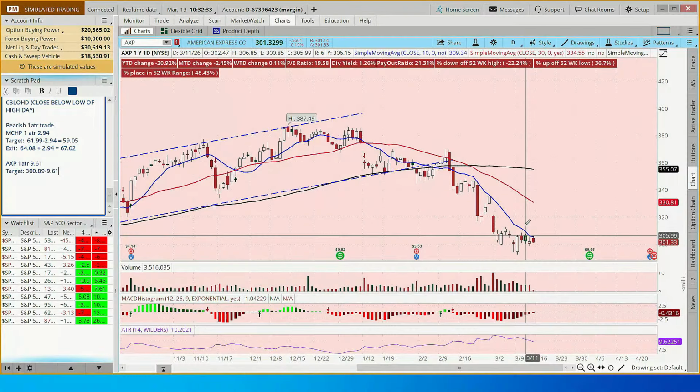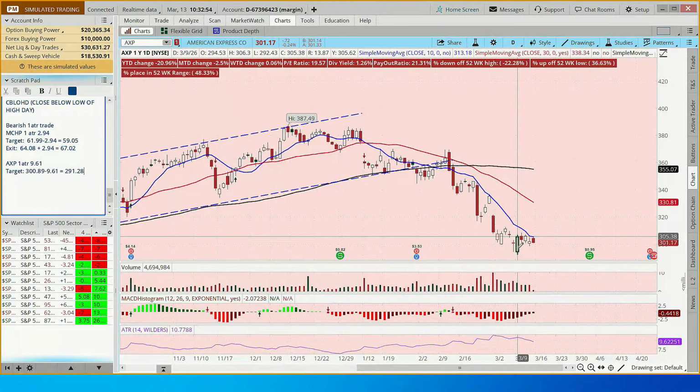Now, could we put a different target in? Yeah, we could look at this and say, hey, our low on this day was 292.43. So we could do a swing target, and that has a different trade management algorithm to it, 291.28.